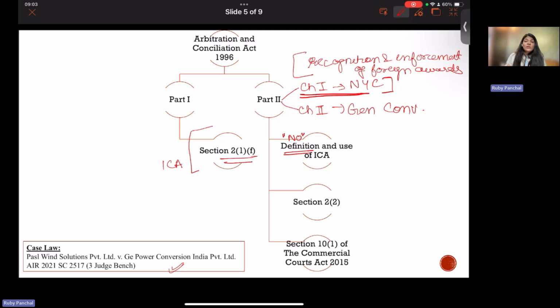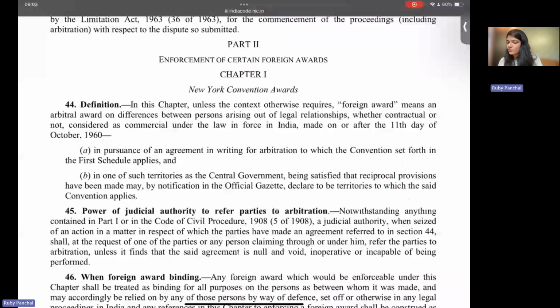So there's no definition clause specifically defining international commercial arbitration. Another interesting thing you must notice is whether the phrase international commercial arbitration is used anywhere in Part 2.